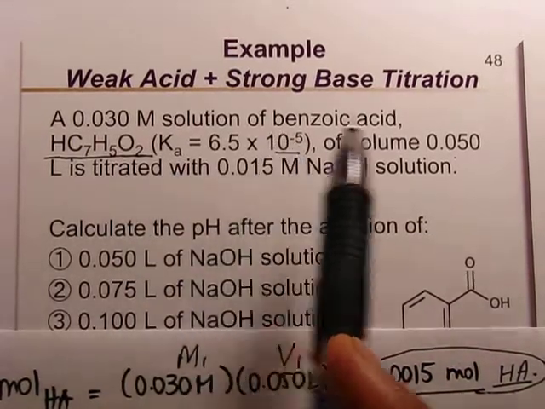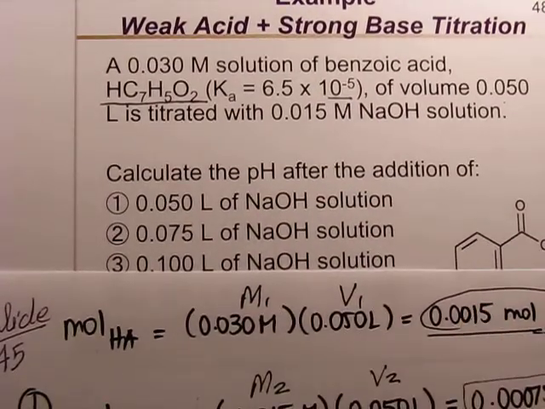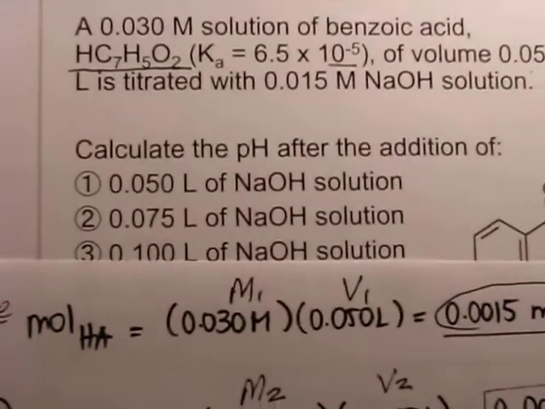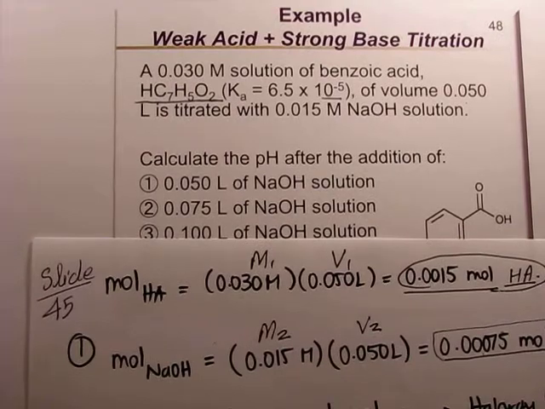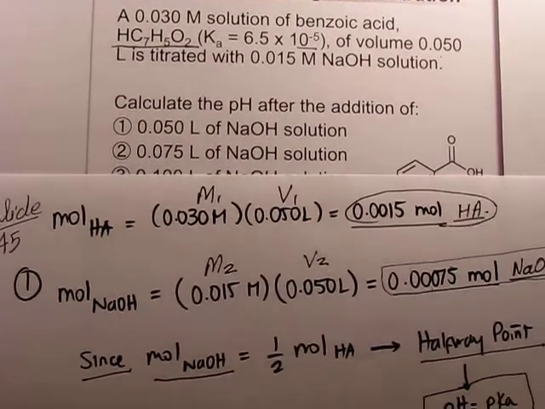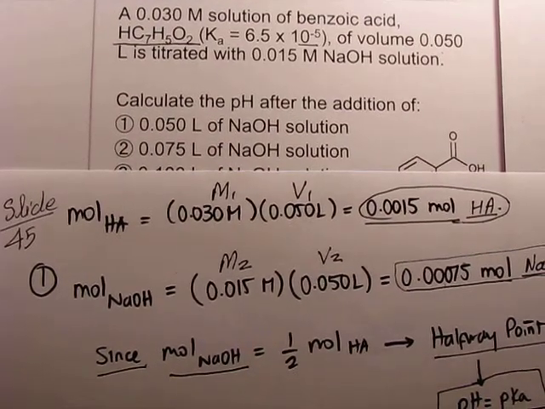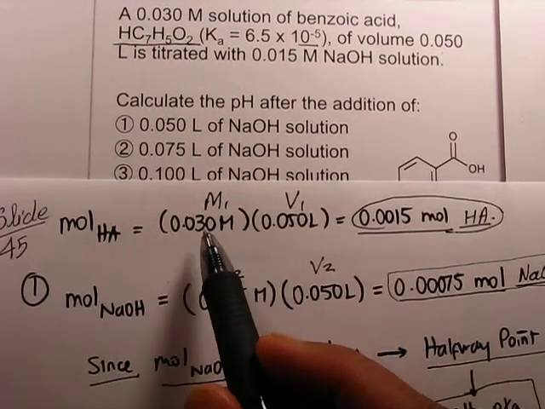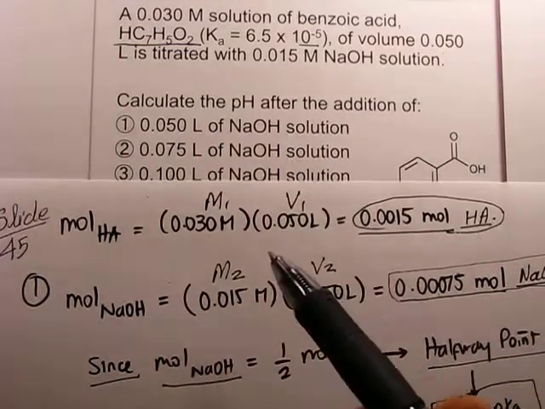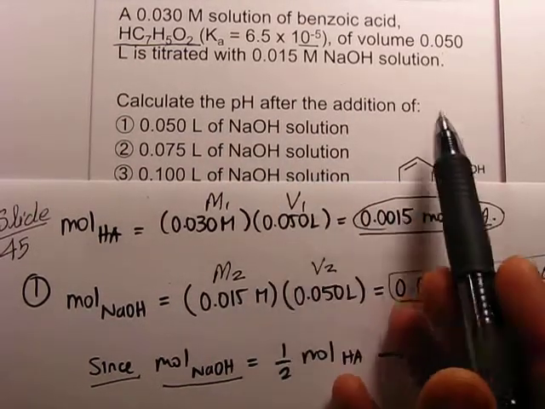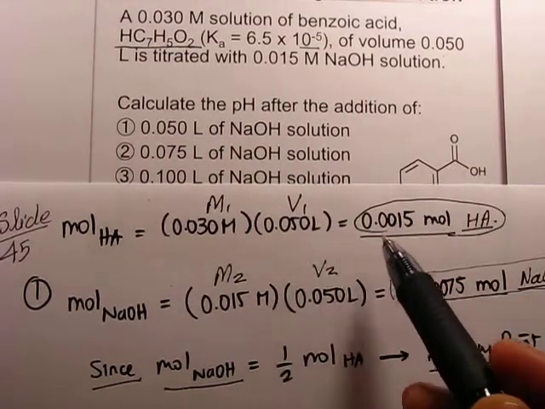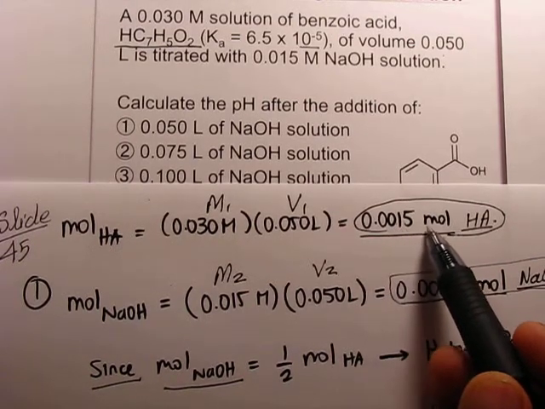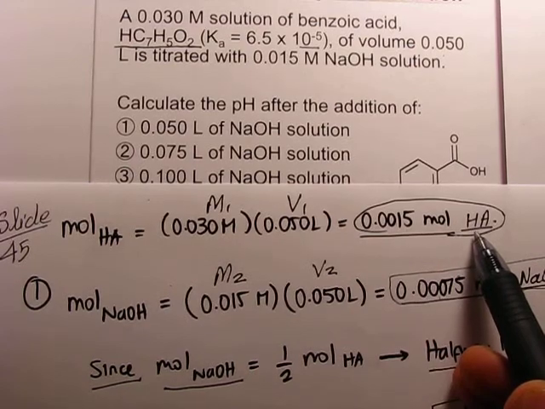First we calculate M1V1 for the acid. Molarity is 0.03 and volume is 0.05 liter, multiplied together it gives 0.0015 mole of acid.